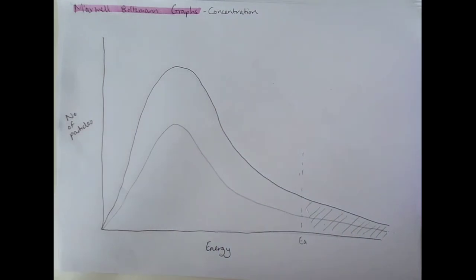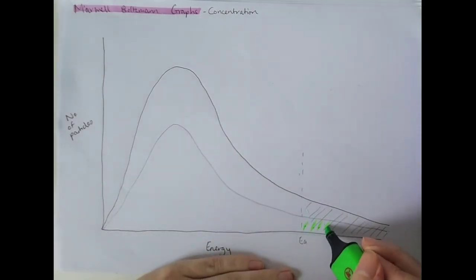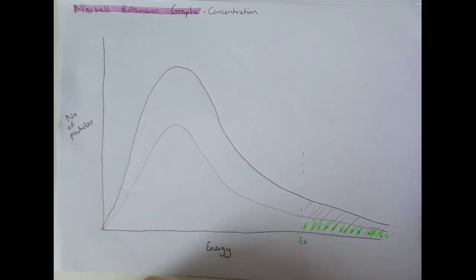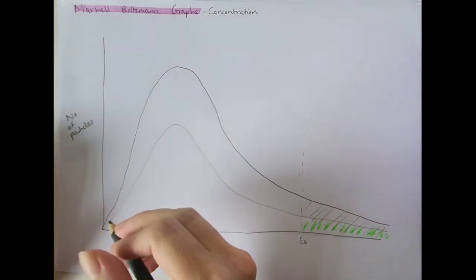So now, whenever these particles collide at the lower concentration, only these particles in green here are available for reaction. They're the only ones with energy over the activation energy. So as you can see, it's roughly halved because we halved the concentration, so the rate of reaction would roughly half as well. If we double the concentration, obviously we would go higher, still reaching the same peak.